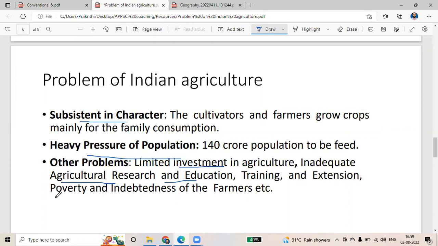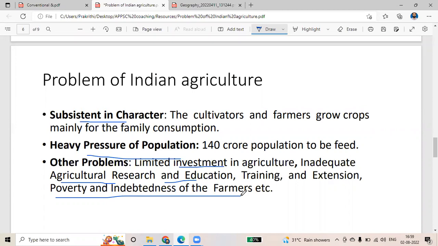Another one is the poverty and indebtedness of the farmers. So debt कैसे होगा? Money lenders से, local money lenders से, they will collect money, lend करेगा and unable to return. Productivity कम होने के वजह से, और as we said, it is mostly depending on monsoon.